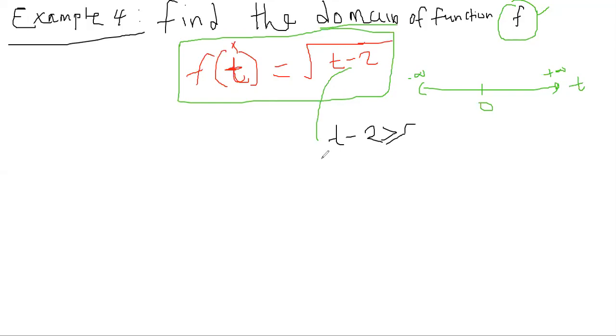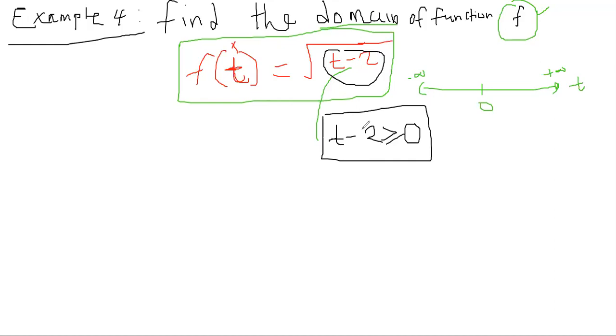This is the condition that we must attach to this. Why are we doing it? We want to make sure that this expression, if you substitute t with any real number, should at the end of the day be 0 or greater than 0. So we solve this inequality.